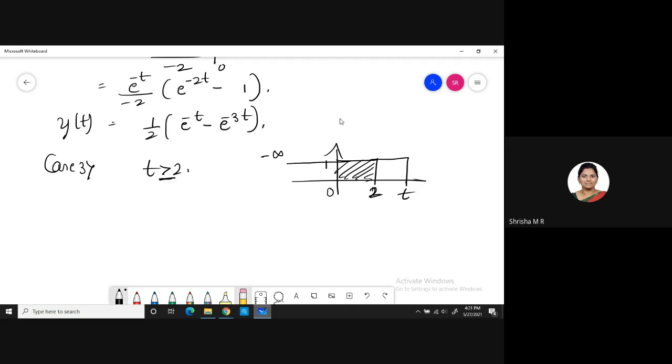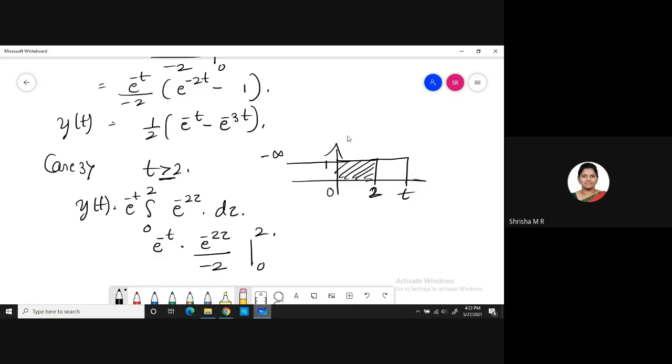So y of t is equal to e power minus t integral 0 to 2 e power minus 2 tau d tau. Try to solve this: e power minus t into e power minus 2 tau by minus 2 with limits 0 to 2. What do you get?